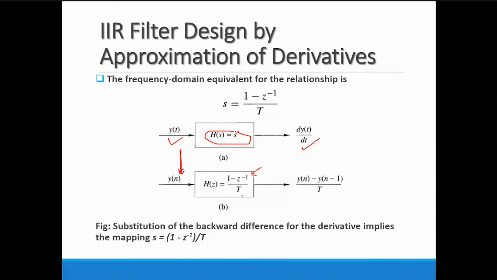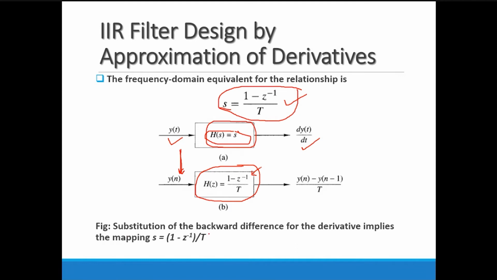So how is s in the s domain related to the z domain? That equation we have written: s is equal to 1 minus z inverse divided by T. Whatever task is done by this analog filter, the same task you can achieve in the digital domain with this filter. H(s) is equal to s, here H(z) is equal to 1 minus z inverse divided by T. This is nothing but your s domain to z domain transformation.